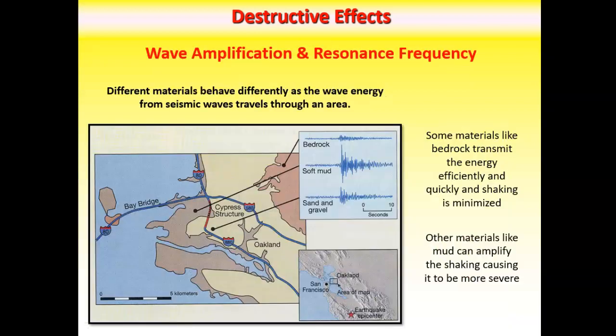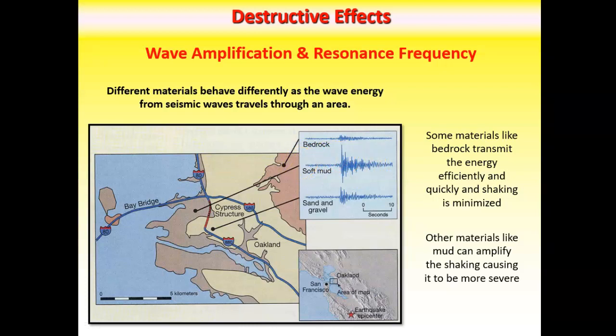There's also some effect that we see on how the ground moves depending on the type of material that exists. And so the term bedrock that we're going to use here is any solid rock. So igneous, metamorphic, sedimentary. These are what we're going to call bedrock. And then the other types of materials are sediment. And so sands and gravels as sediment or mud as sediment. And typically what we see is the muds are the worst.